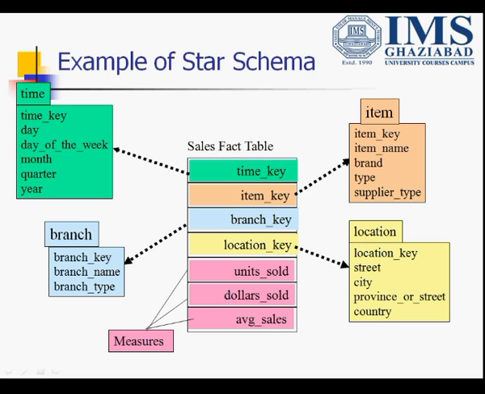All dimension tables are attached with the concept of primary key and foreign key, and the dimension tables record the different subjects in detail. Location will store location key, street, city, province or state, and country. Similarly, time can store day, day of the week, month, quarter, and year. This is the basic structure of a star schema which is followed by a data warehouse.